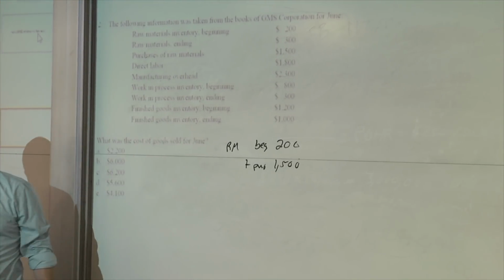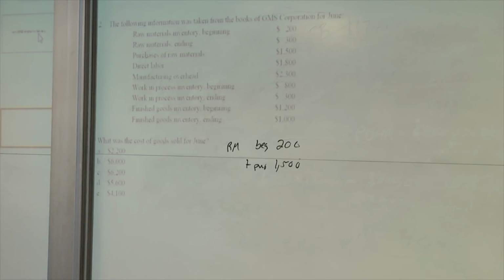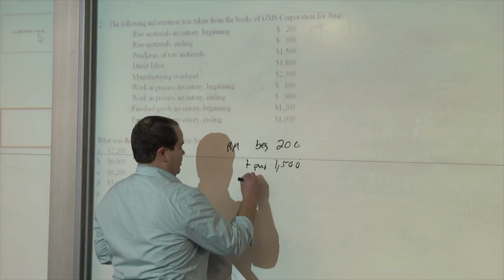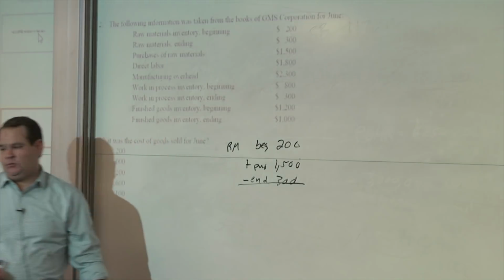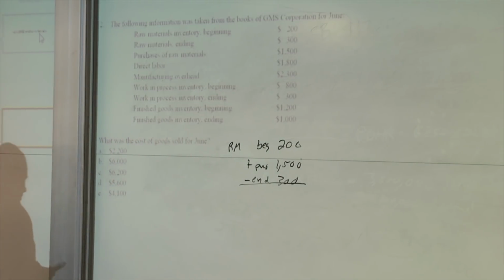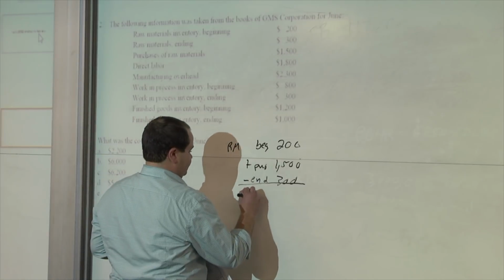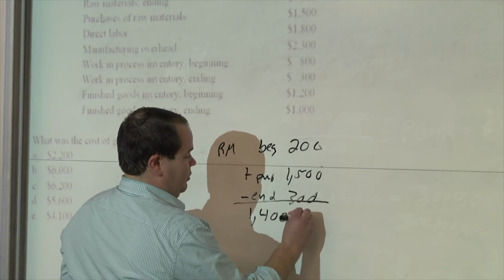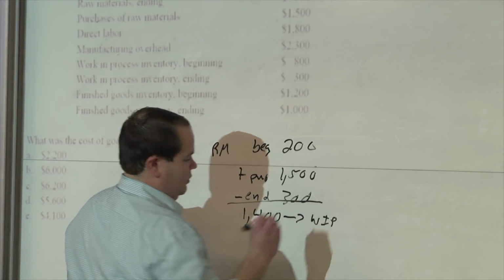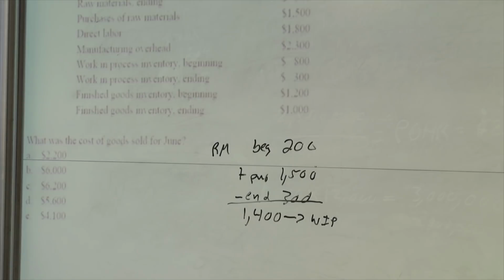If there's 300 left at the end, that means we didn't use those 300. So if we're trying to figure out how much raw materials got moved into work in progress, then we want to take out our ending of 300. If we just do that math, we end up with 1,400 of raw materials that went over to work in progress. All right, so that's step 1, starting at the beginning with the raw materials.